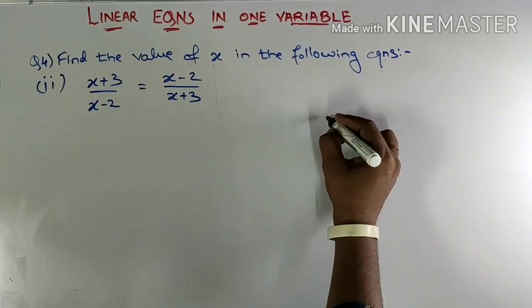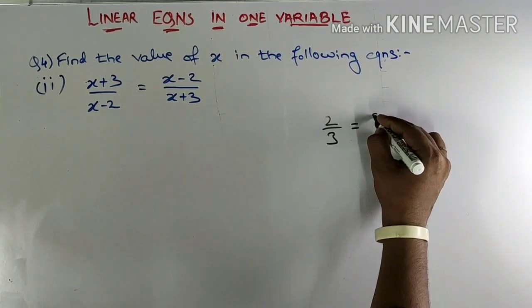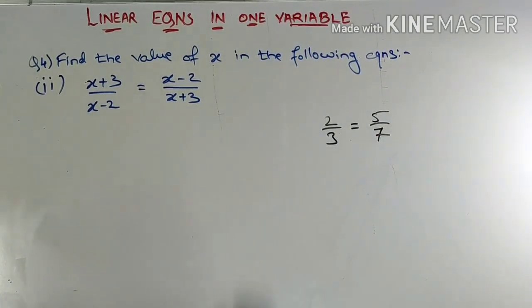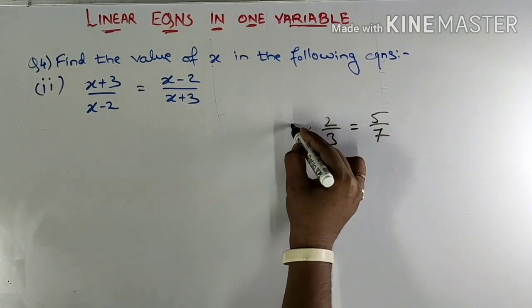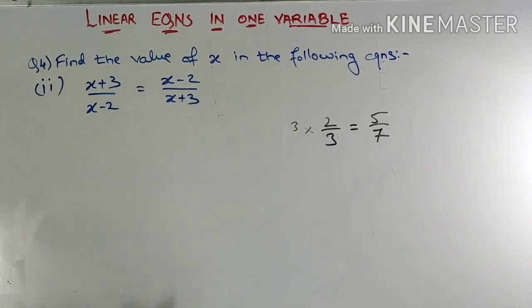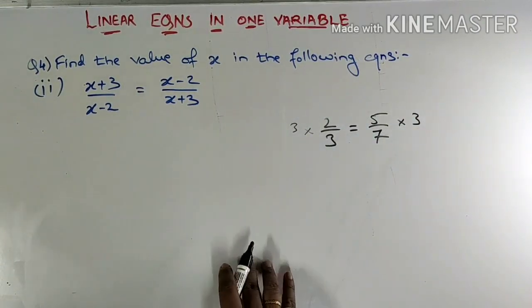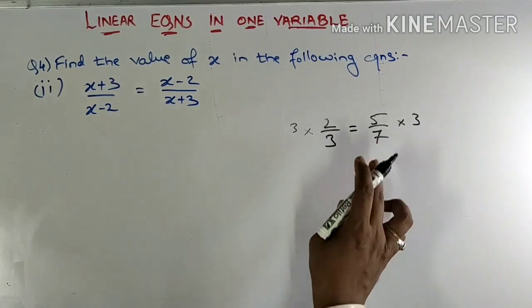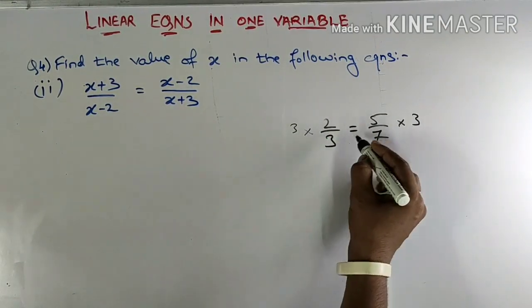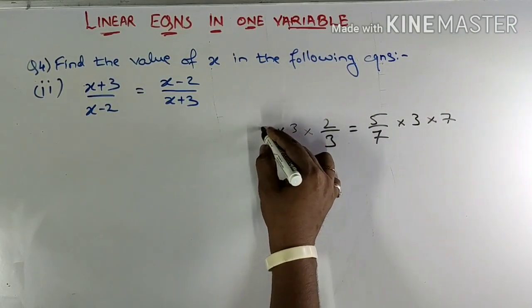So remember, if you have 2 upon 3 equals 5 upon 7, what would you do? I want to get rid of this 3 over here, so I'll multiply with 3 on both the sides. And if I want to get rid of this 7 over here, I'll have to multiply by 7 on both the sides.